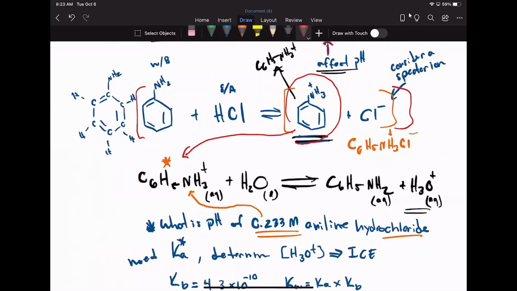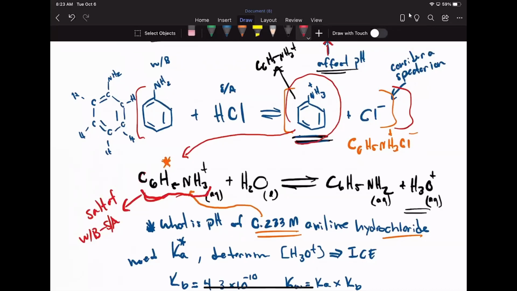We have to come up with a new reaction that involves the salt of weak base, strong acid, and that's what we use to write our reaction. This is the salt of a weak acid, strong base, and we mix this with water, that's going to produce more hydronium, and that's what's going to give us our pH.